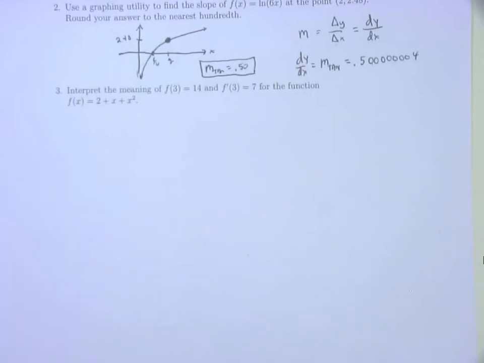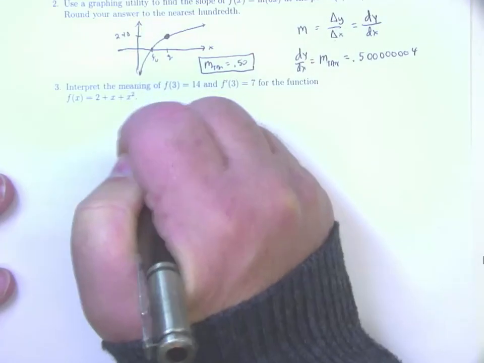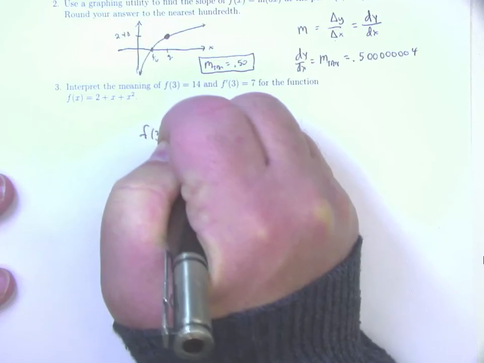All right, this problem here. I want you guys to interpret the meaning of f of 3 equals 14 and f prime of 3 equals 7, with the function f of x equals 2 plus x squared. All right, so let's start with the easy one. What does f of 3 equals 14 mean?